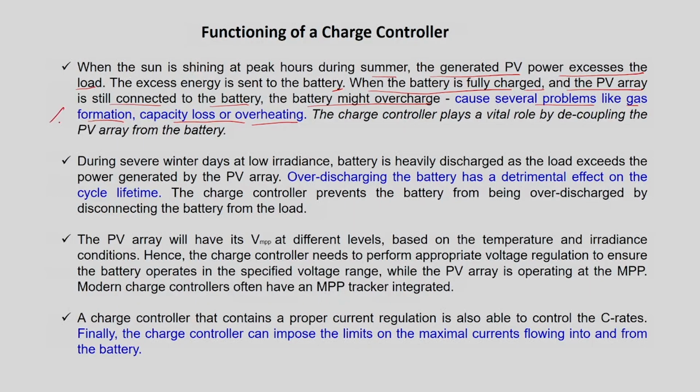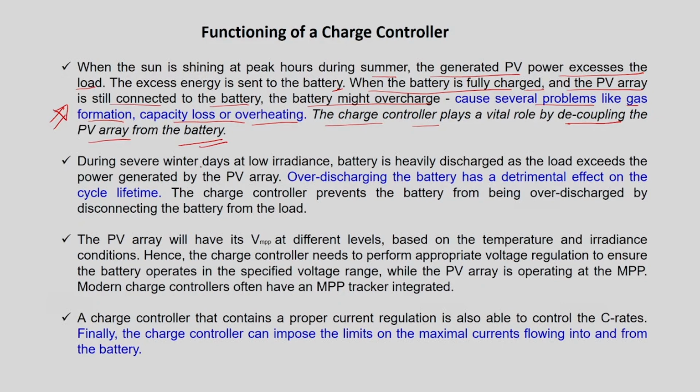So, this is one concern, but if we have a proper charge controller, it plays a vital role by decoupling the PV array from the battery. This is how the charge controller is useful in maintaining the proper life of a battery in a standalone PV system.